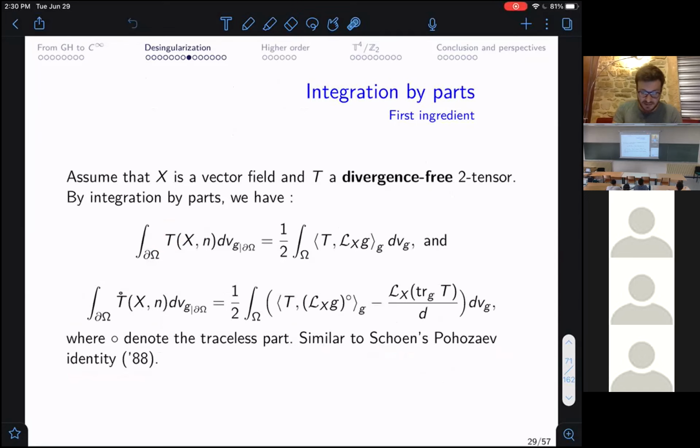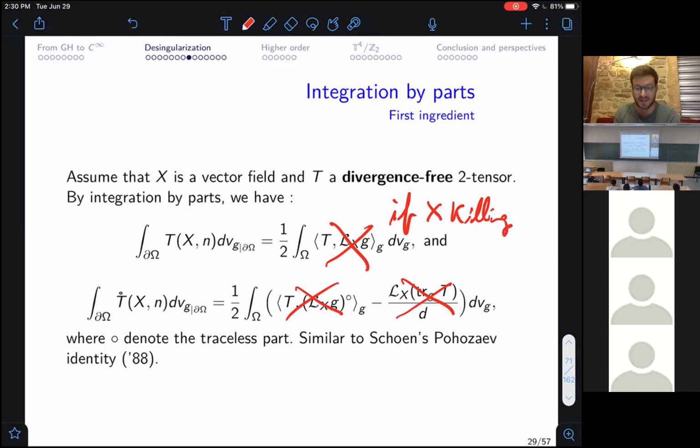And what's important here is that if X is Killing, then here you have just 0. And if the trace is constant, and if you have a conformal Killing vector field, then here you also have a 0 right-hand side. Conformal Killing, and here the trace of T is constant.